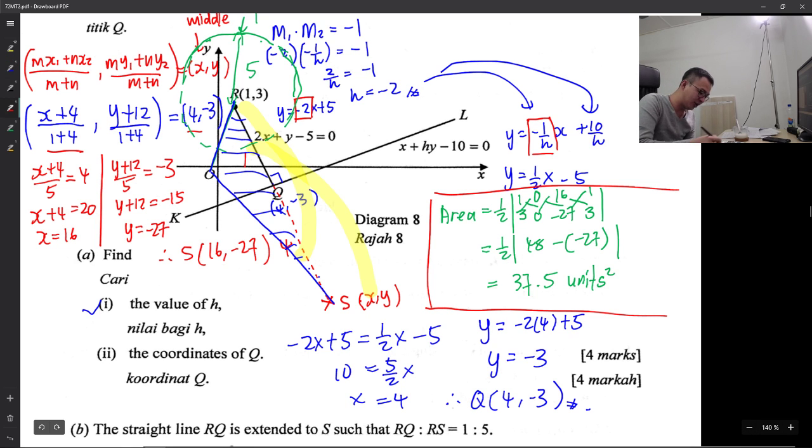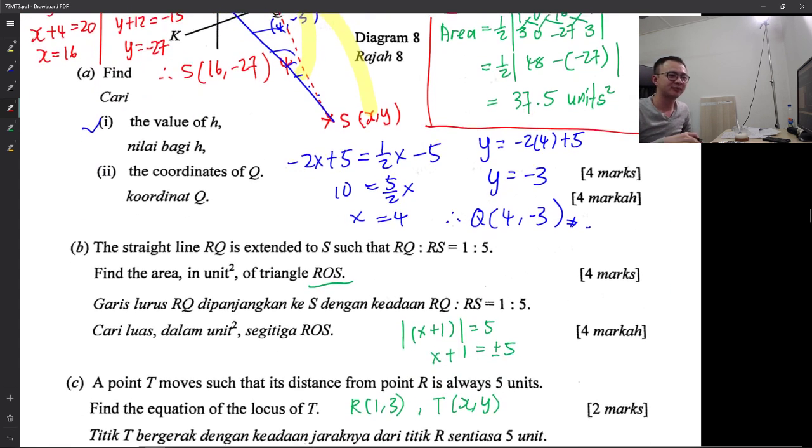After that, you still need to find a 90-degree distance. But how to find the 90-degree distance without having this point? So in order to have that point, you need to form the equation again and then substitute the equation into RS to find the intersection point. After that, you only got the coordinate, then you use the distance formula to get the length of the height. Then only you find the area. Too complicated already. Trust me, use the area formula in this topic.